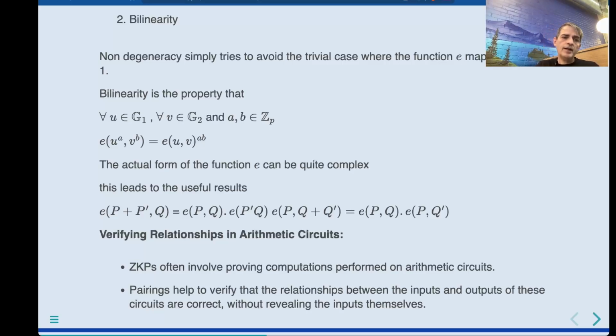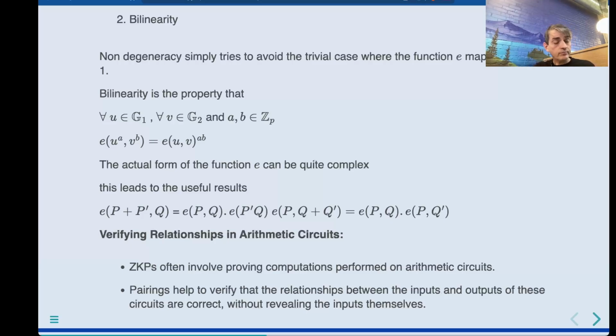And often we use this with polynomials as well. As I say here, the form of the function that we're going to use to do this mapping can be quite complex. So I won't go into that any further, but that's what we mean when we talk about pairing within elliptic curves. There's this useful property that they exhibit.